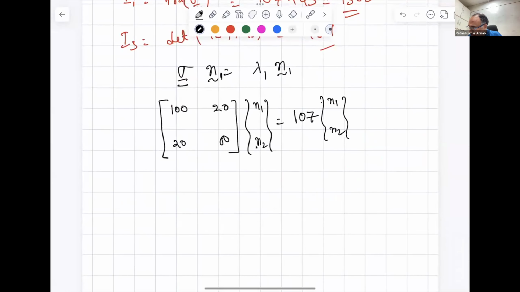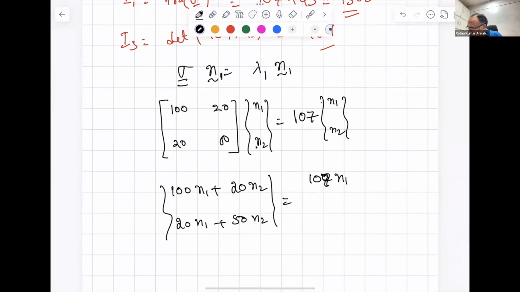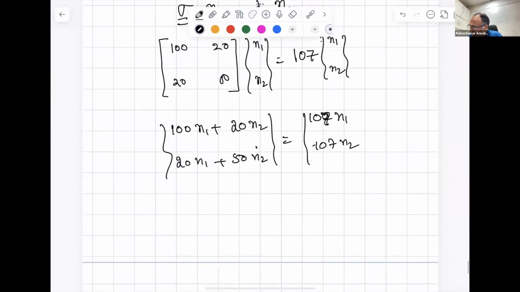N1, N2. Let us say 100 N1 plus 20 N2, 20 N1 plus 50 N2 is equal to 107 N1, 107 N2. Right?